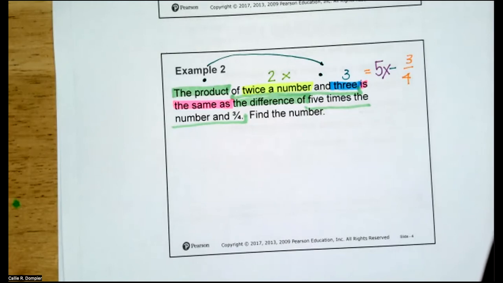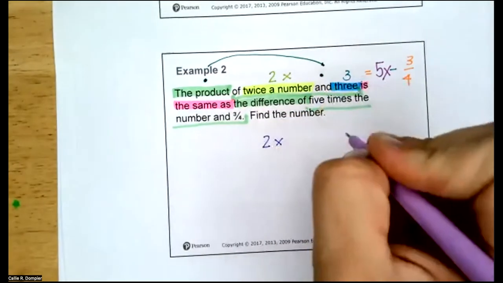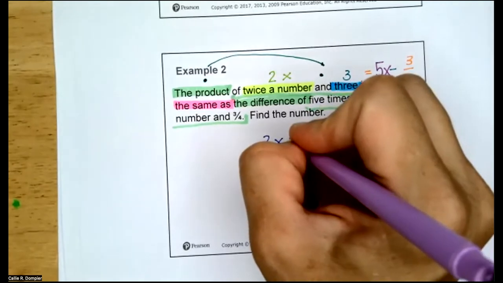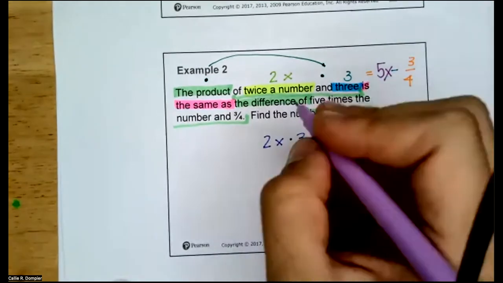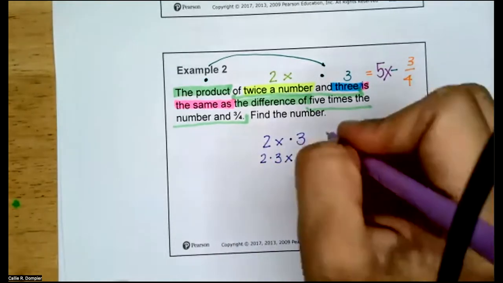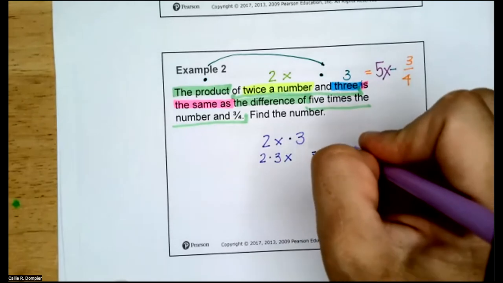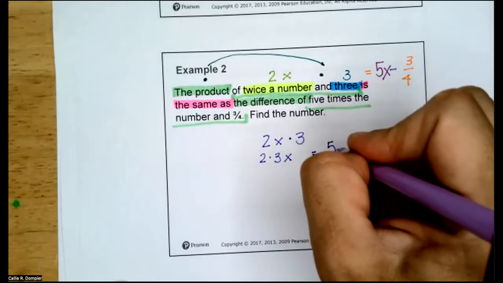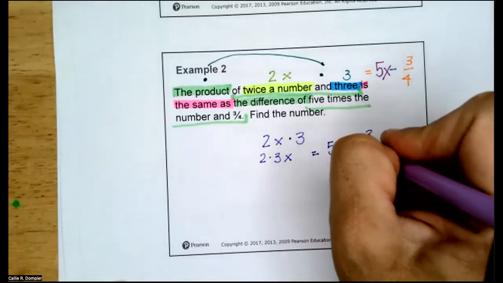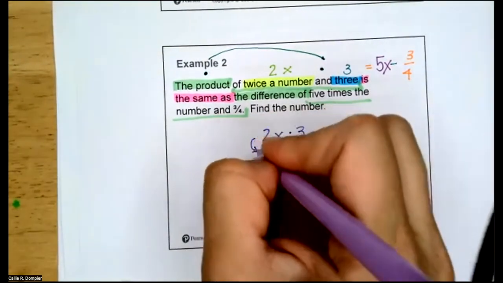Okay, so I'm going to write it again. 2x and 3. So we could write it like this, or you could write it as 2 times 3x, either one. Good? Is the same as the difference between 5x and 3/4. Any questions? So that is the same as that.